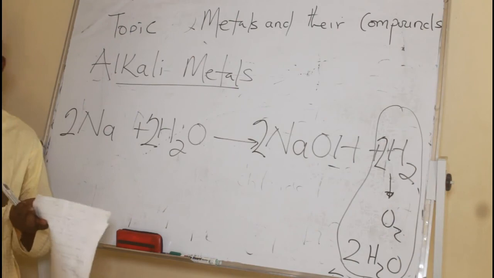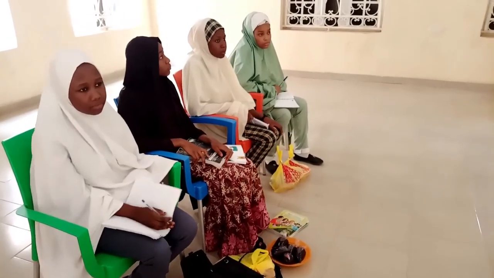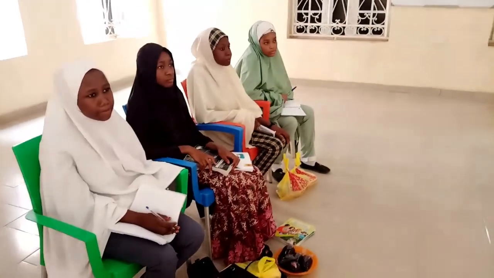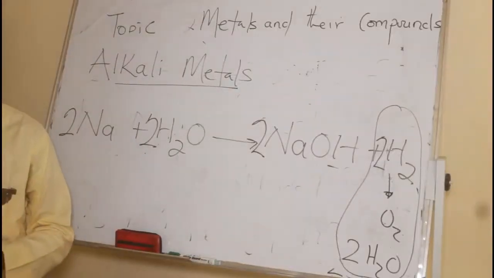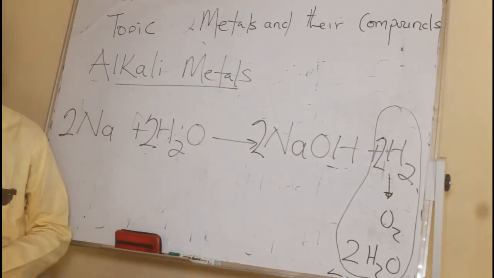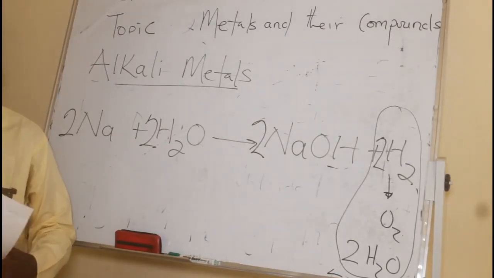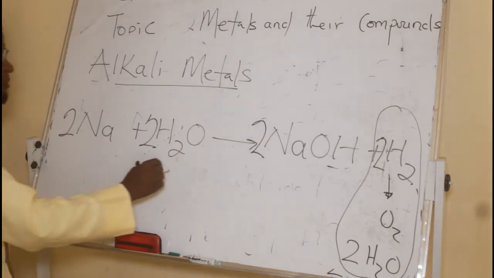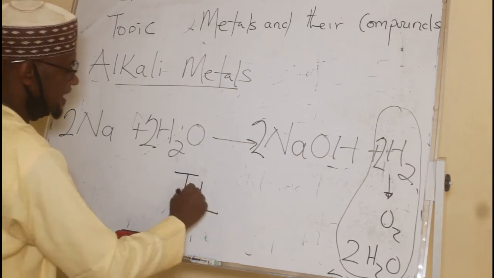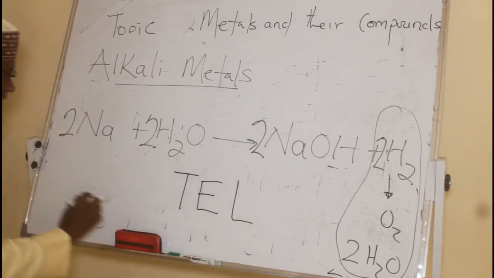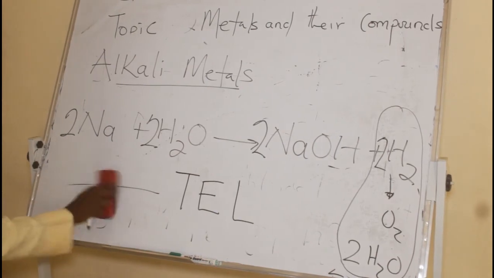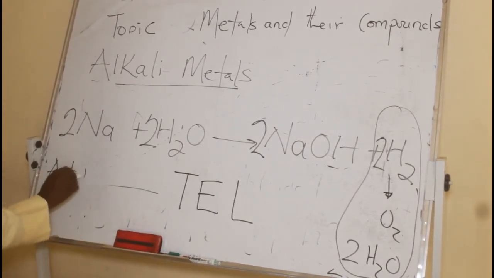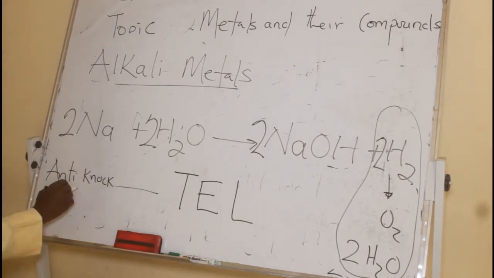Sodium is also used in the reduction of titanium from titanium chloride, like the example I gave earlier, the reduction of chlorides. It is also used in the production of anti-knocking agent, which we normally use in petrol engines.